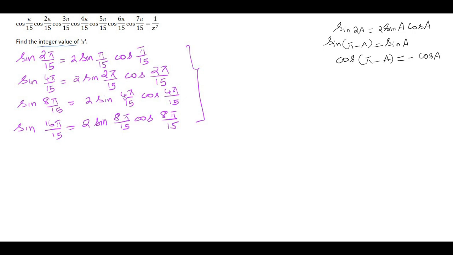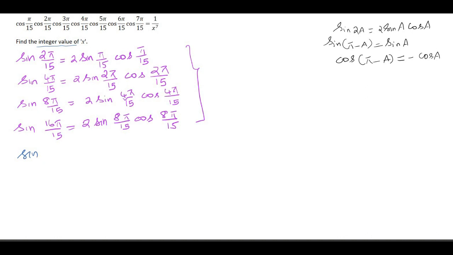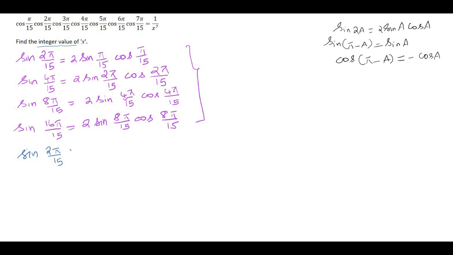We have got the 4 equations here. Now multiply these 4 equations. Okay, yes, that is sin 2 pi by 15, sin 4 pi by 15, sin 8 pi by 15, sin 16 pi by 15 is equal to, now on the right side you can see there is 2 here, 2 here, 2 here, 2 here, all to be multiplied.